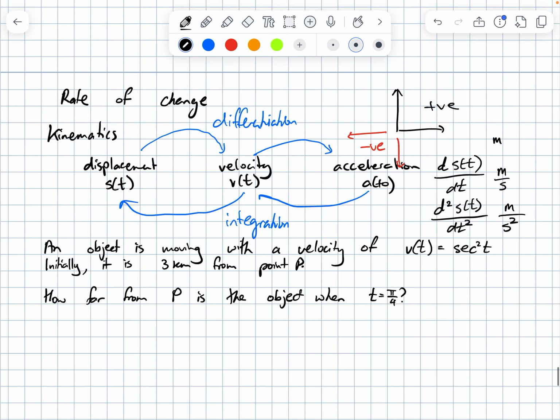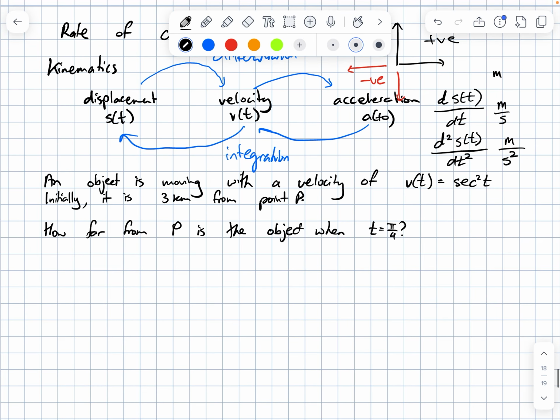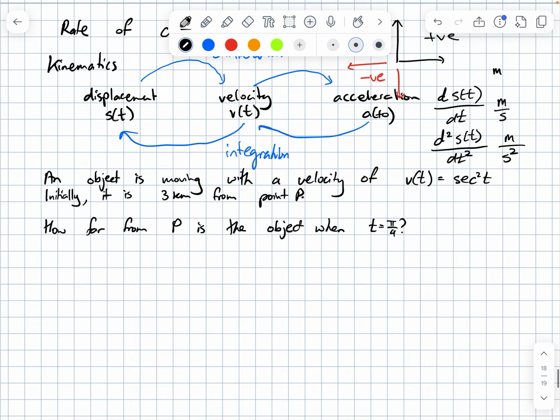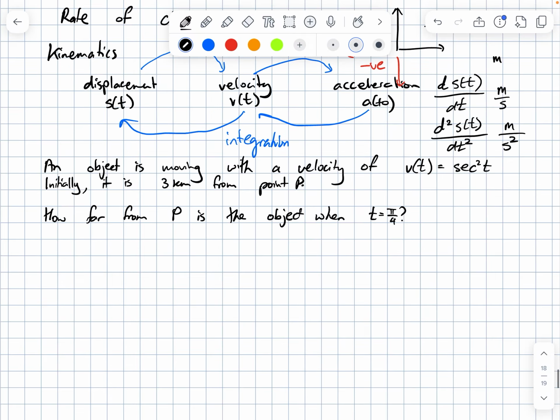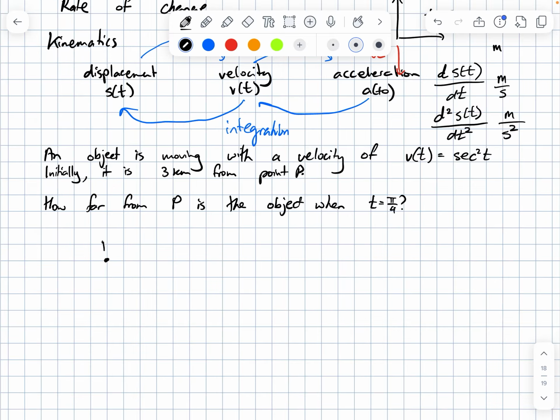So we've got two questions to look at. Firstly, an object is moving with a velocity of sec squared t. Initially, it is 3 kilometers from point P. How far from point P is the object when t equals pi over 4? So we have a point P. It is 3 kilometers from point P. So let's just say that there is 3.